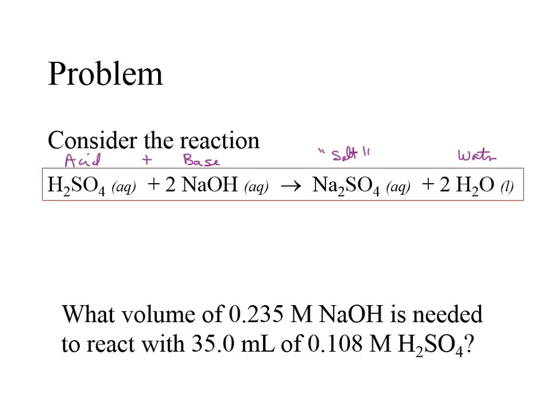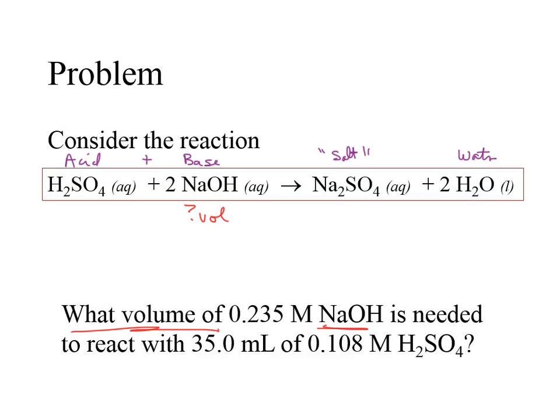Okay, so let's go down to the question. A lot of times I will take these words and, like I've done before, put them underneath the species they talk about. So it says what volume of NaOH, so I find NaOH and put question mark, volume.